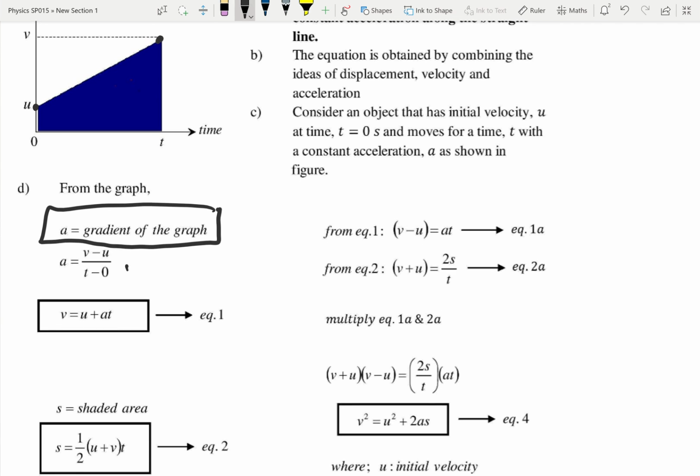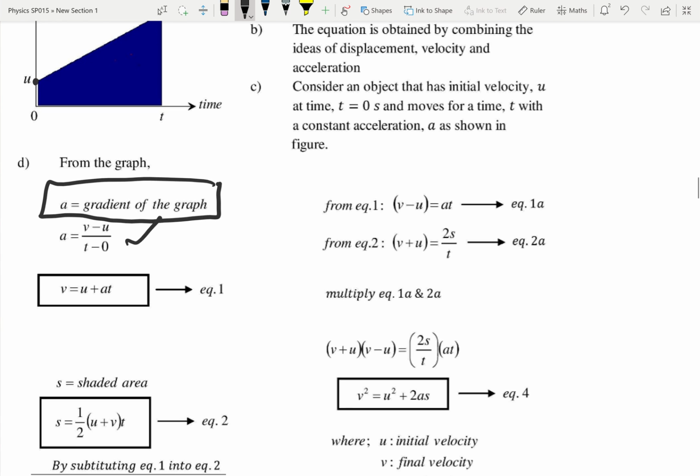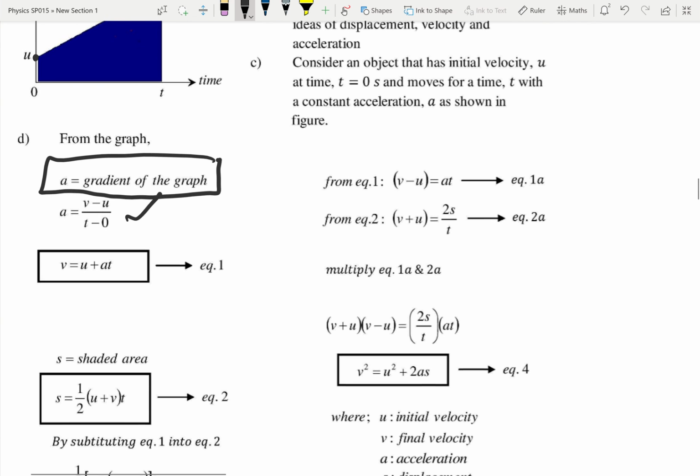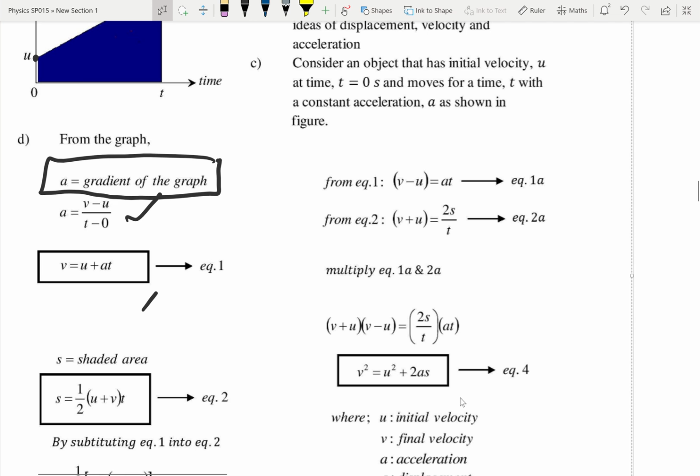So we have a equals v minus u over t minus 0. Arrange this equation to make v the subject, so v equals u plus at. Now we have the first equation: v equals u plus at.